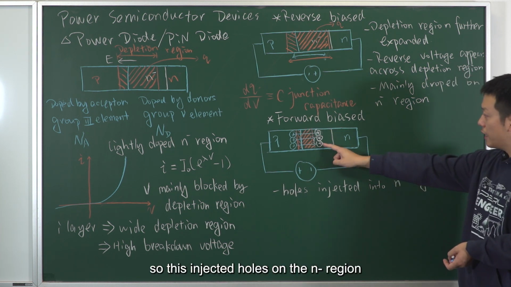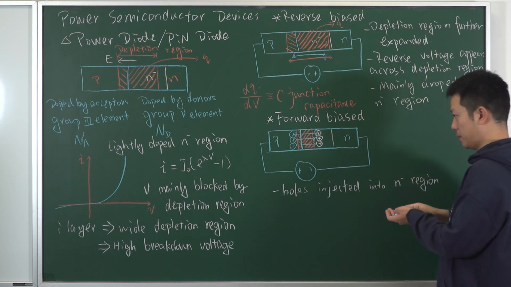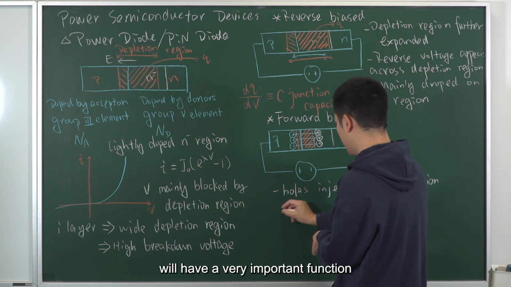So these injected holes in the N minus region will have a very important function.